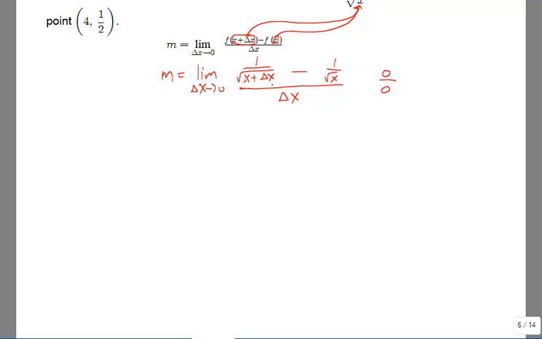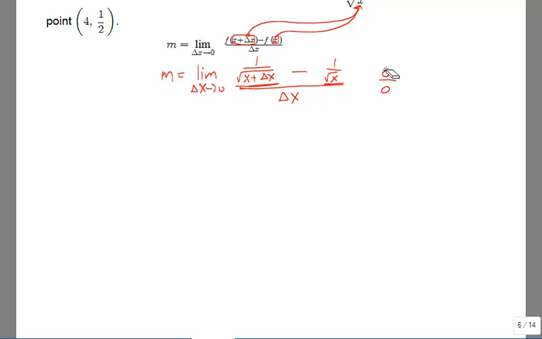Now, because there are fractions involved, a good strategy when we're trying to evaluate limits that have complex fractions is to multiply by a common denominator. I have this factor right here in one denominator and square root of x in the other denominator, so my common denominator would require both of those.